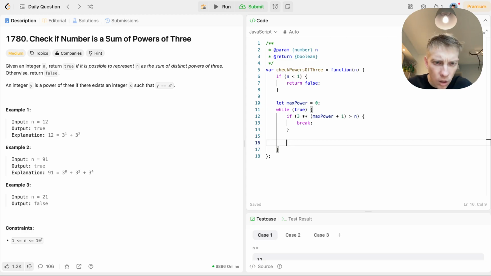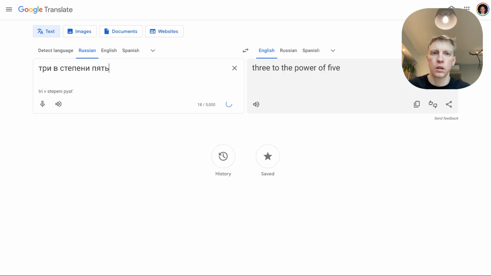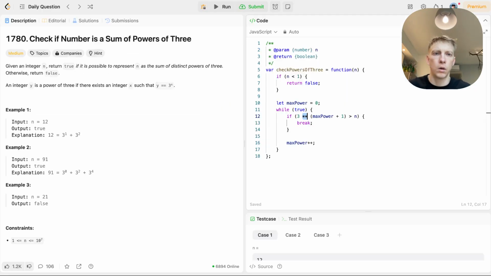Or in other case, we will increment max power. 3 to the power of max power plus 1 bigger than n.